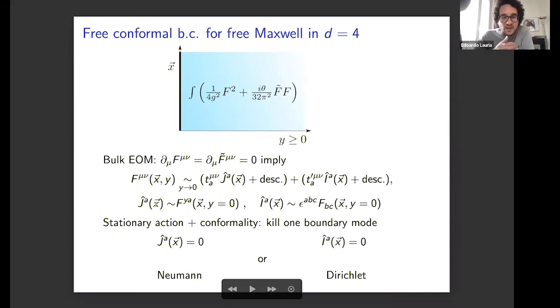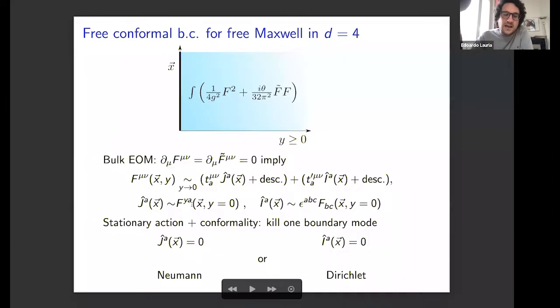So as you push F mu nu to the boundary, you're going to find at most 2 boundary conserved currents. This is very schematic. You can think of J as being the electric current. So it's like the normal derivative of the bulk gauge field in the parallel direction A, evaluated at the boundary.